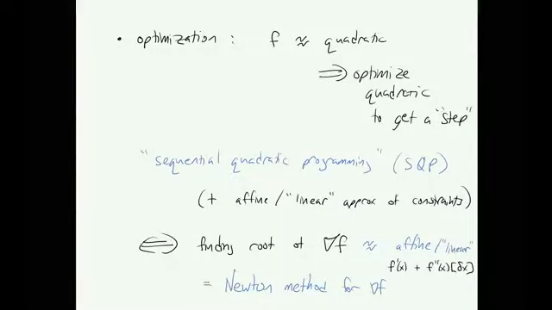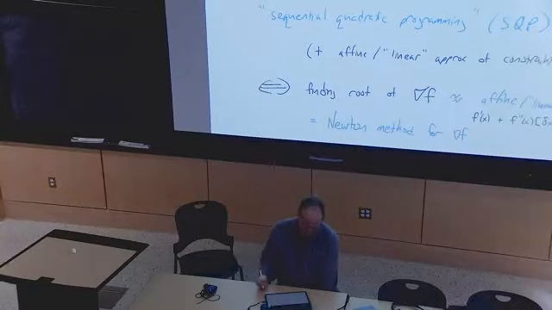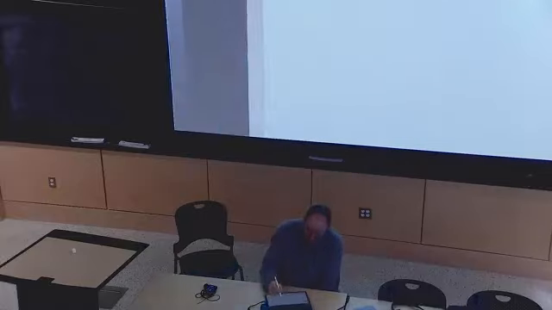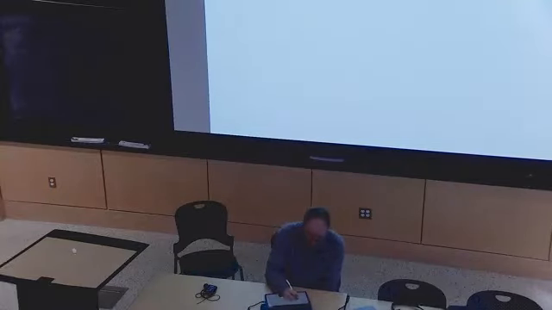Right? And so in practice, finding the Hessian, or the f double prime, or the Hessian matrix, is often expensive.